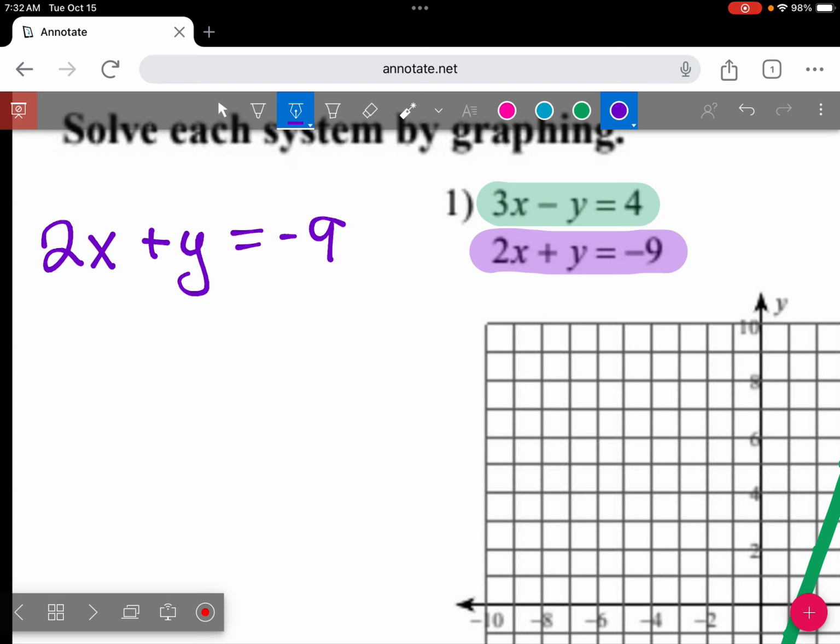Subtract 2x from both sides. So it's going to give me y equals minus 2x minus 9. And we're in slope-intercept form there.